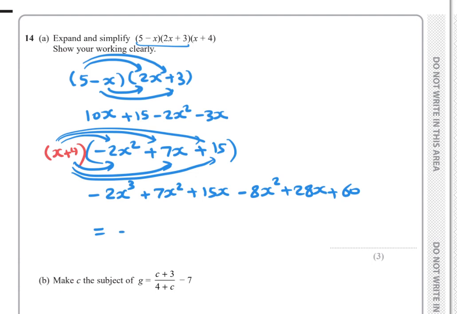Combine the like terms, so negative 2x cubed, 7x squared and minus 8, so negative x squared, 15x and 28, so 43x, plus 60.